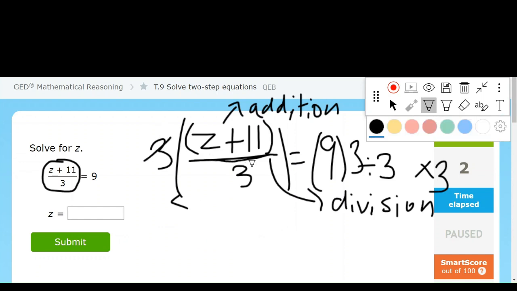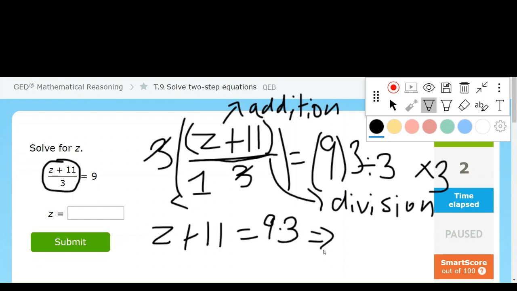The numerator and denominator will result in 1. And we're left with z plus 11 equals 9 times 3, or z plus 11 equals 27.